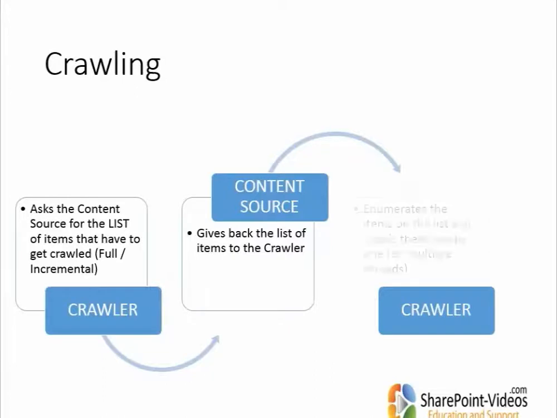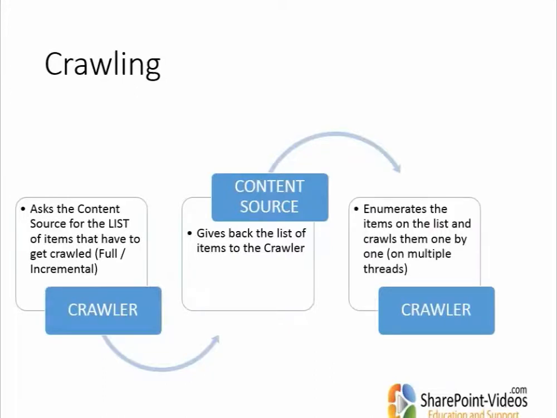And the third step is when the crawler goes through this list, enumerates the items on it, and crawls them one by one. So once I get the list of your names from SIF, I go through this list and ask SIF, hey, what's the email address, what's the job role of this and that user, one by one, if I do a full crawl.